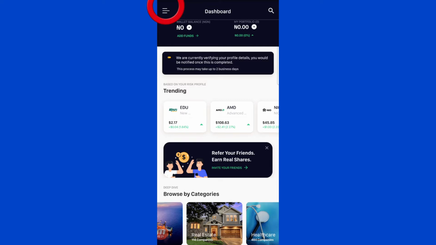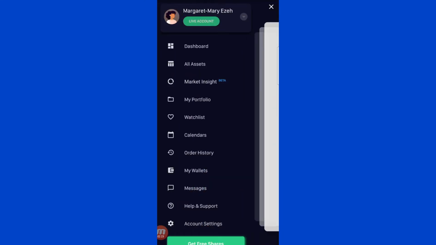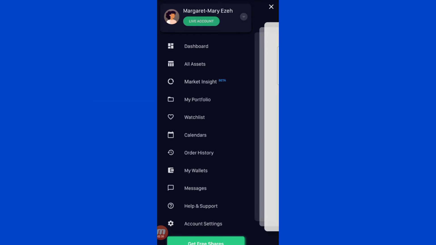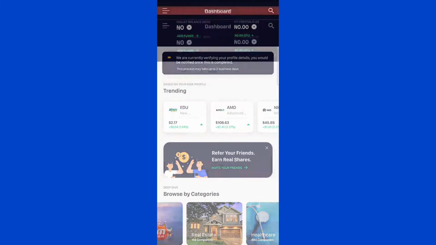So let's just click on these three lines here and see. Okay, dashboard, all assets. You basically have different places that you can go to, and why I even clicked here is to bring to your attention that with Trove you can actually trade with your live account, or you can actually switch to a demo account.